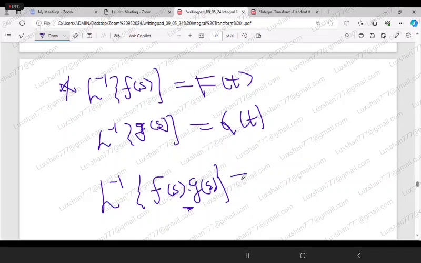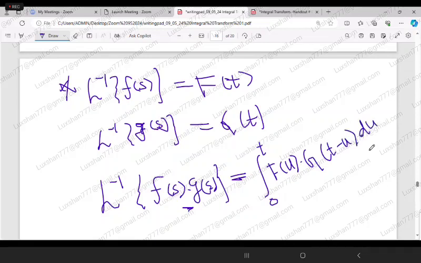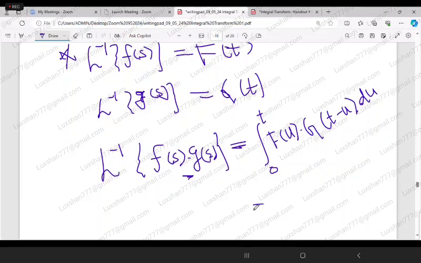Then this is equal to the integration from 0 to t of f(u) into g(t minus u) du.